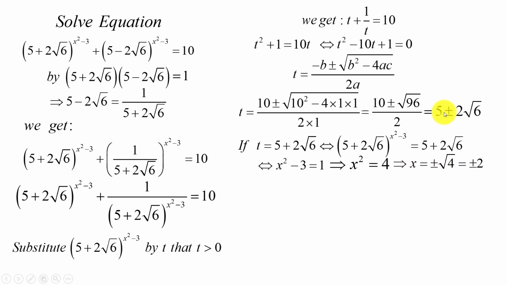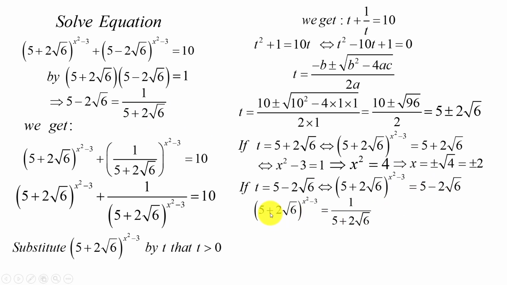And now we use t is equal to 5 minus 2 square root 6. If t is equal to 5 minus 2 square root 6, we get (5 plus 2 square root 6) all power x squared minus 3 is equal to 5 minus 2 square root 6. We know this 5 minus 2 square root 6 is equal to 1 over 5 plus 2 square root 6. So I replace it in this.